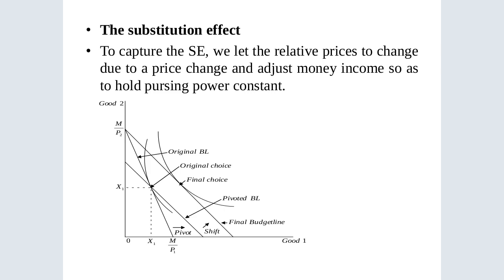So we have the budget constraint, the budget line, but we have three budget lines, if you can see. The first one pivots towards the outside.